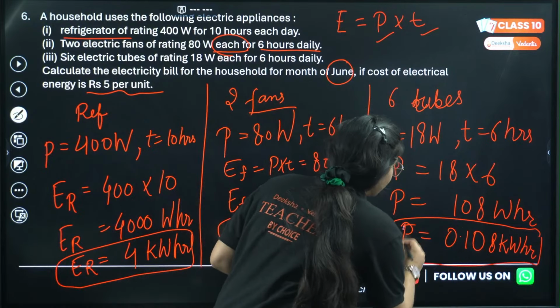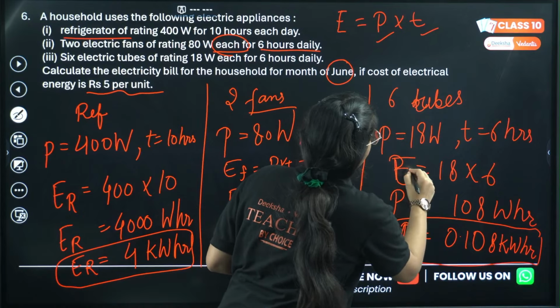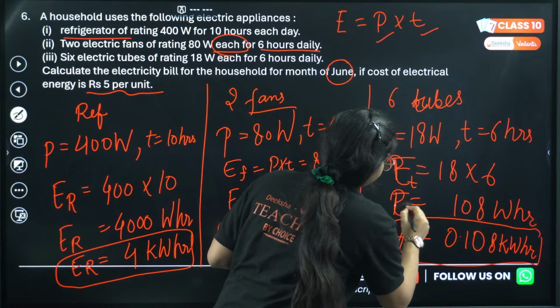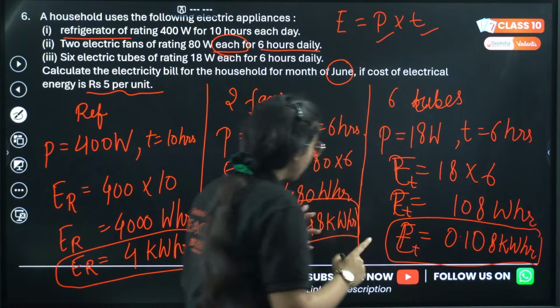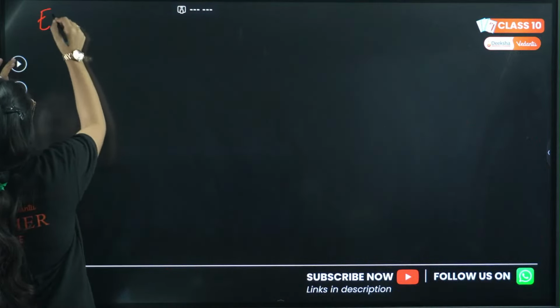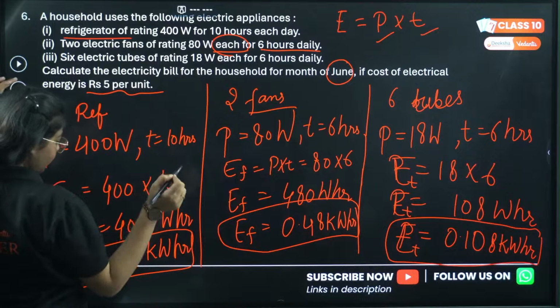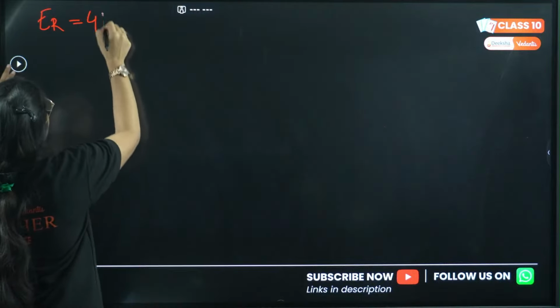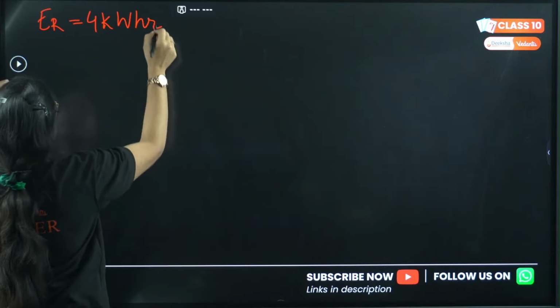This will be the electrical energy of tubes, correct? Now one more thing we have to do. Let's write it first. Electrical energy of the refrigerator is 4 kilowatt hour.